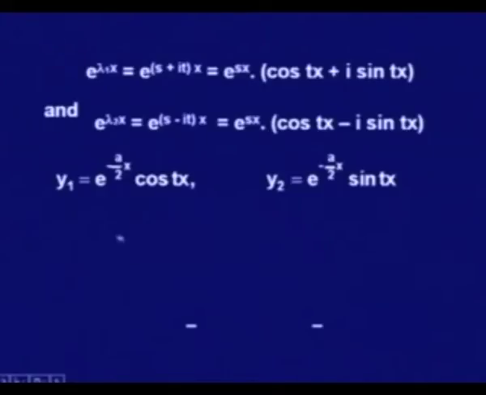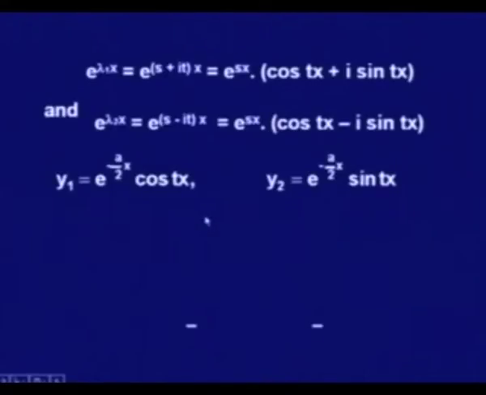We can check again that they are linearly independent, because if I take the ratio y 1 upon y 2, I will get cos t x upon sin t x, that is cotangent t x, which is a function of x, not 0 or not a constant. Thus, y 1 and y 2 are linearly independent.